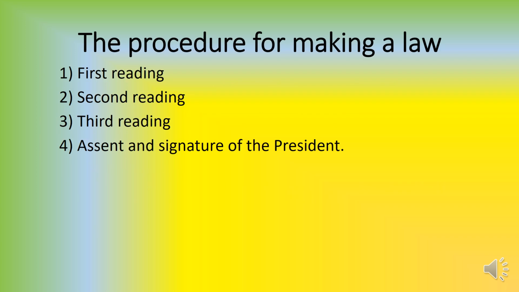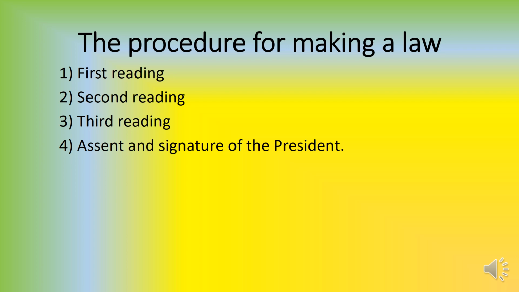Let us see how a bill becomes a law. So we had a rough draft proposal which is called a bill. How does that bill become a law? There are certain procedures to be followed. There are four steps to be followed to make a bill a law.